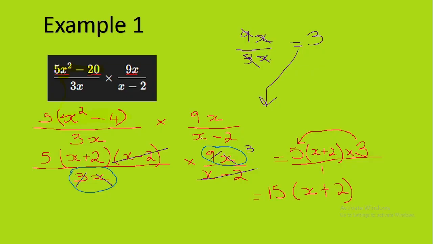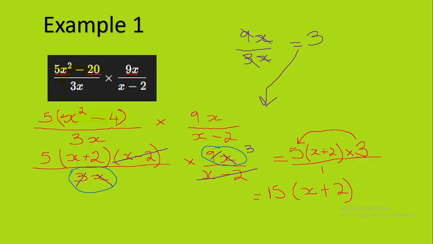The x minus 2, we cancel it out as well, because after we factorize the x squared minus 4, we had x plus 2 and x minus 2 inside the bracket. So we canceled out the factor x minus 2 by the x minus 2 below.